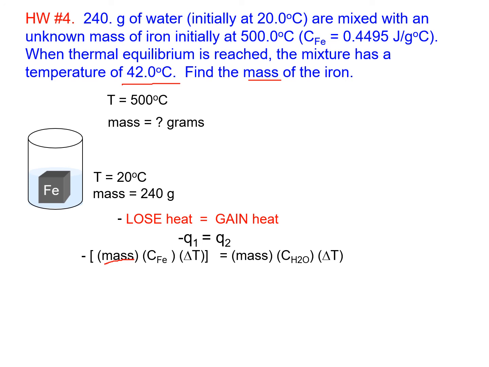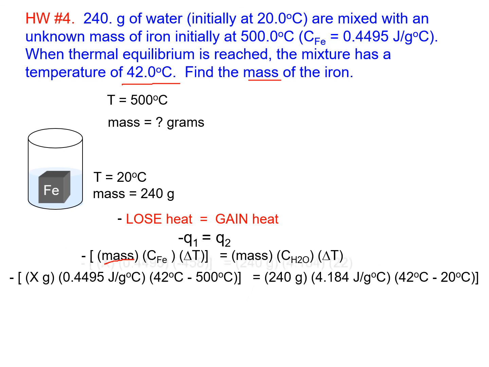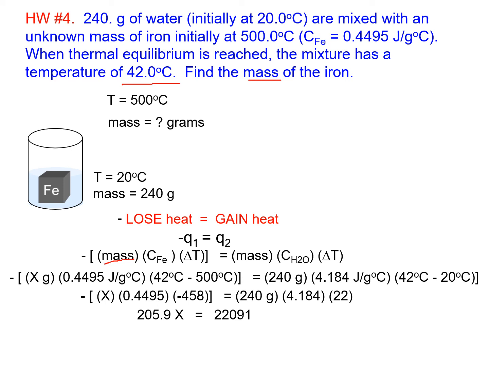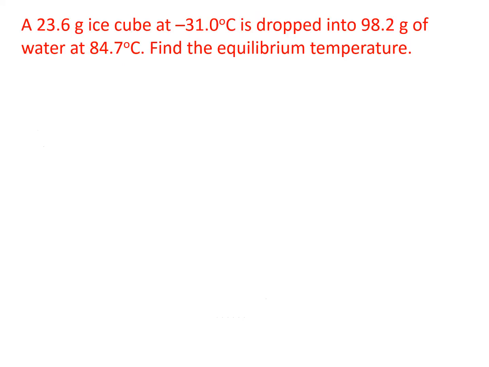And on the mass side, on this side, you'll have your final temperature, which is 42 minus 20, will give you a positive temperature here. So notice you have a minus sign and a minus sign, and that will equal a positive sign, and you're solving for X in this case. So X is 107 grams.